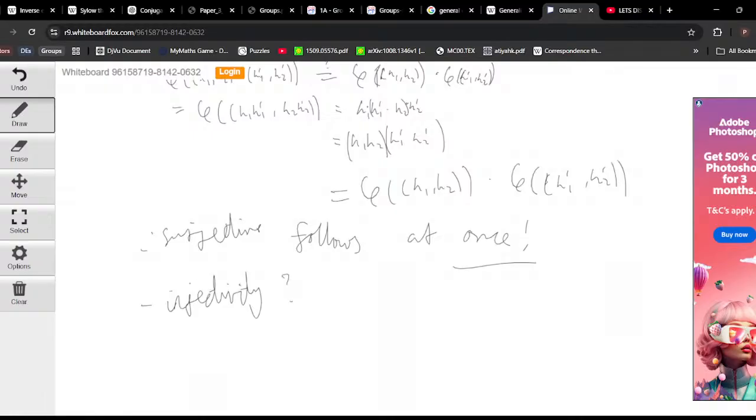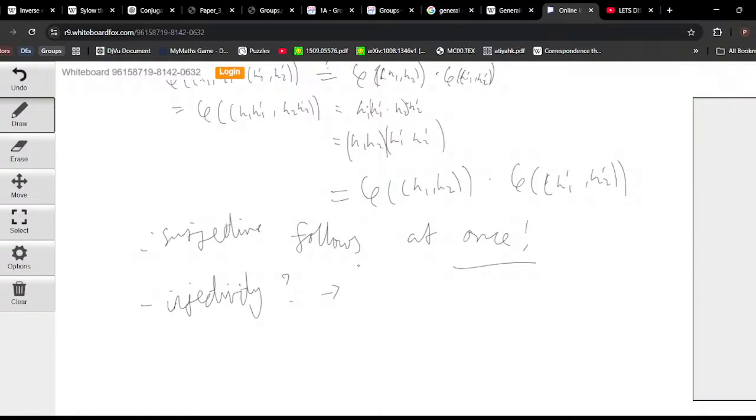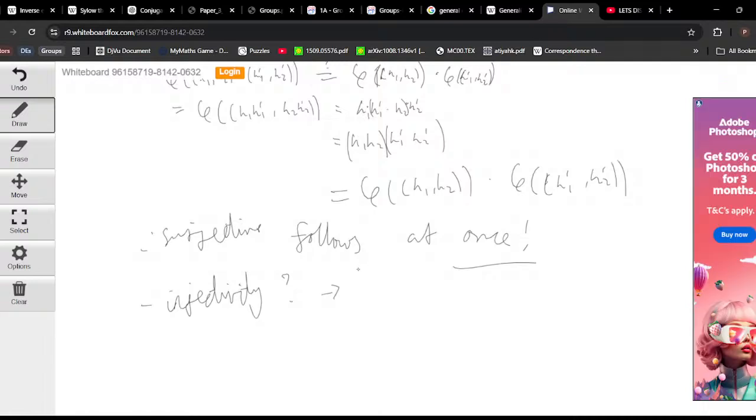How about injectivity? Let's have a look. What would be the best way to show injectivity? Can we just go full steam ahead? I don't think we can. I think the best way to show injectivity would be to show that the kernel is trivial.